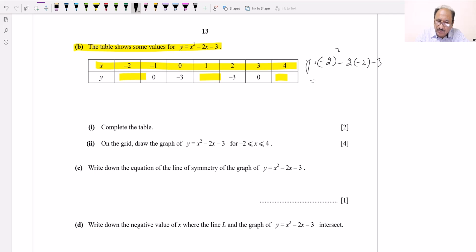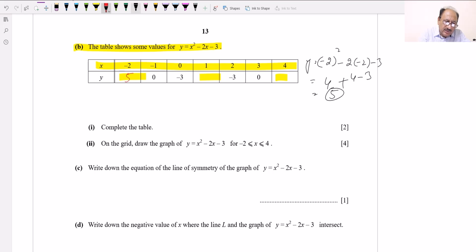This will be 4, then minus 2 times -2, which is +4, so 8 minus 3 will be 5. So our first value is 5, which we can indicate over here.